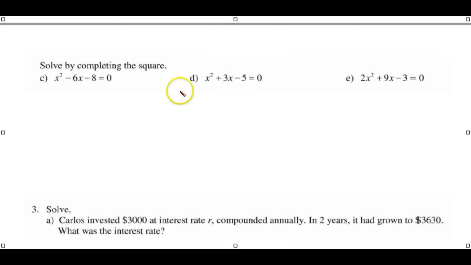And this one here. So again, it's x squared plus bx plus c. That's the form this is in. So I'm going to write x squared plus 3x, take my c term, and move it to the other side as a +5.